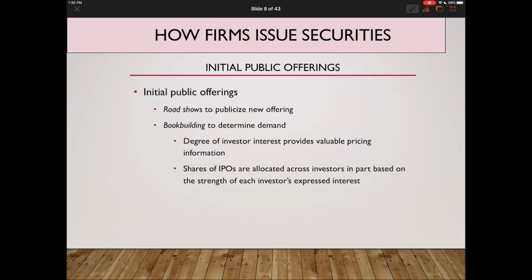Then the shares of the IPO, once the IPO is conducted, are allocated across the investors in part based on the strength of each investor's expressed interest. So it is important that during the book building process, when they're looking at potential investors, these potential investors provide realistic insight as to the amount that they would like to purchase and also the amount that they are willing to pay.